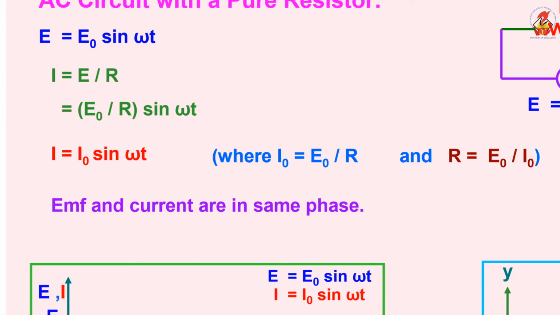So what is E0 by R? It is I0. So finally you get I is equal to I0 sine omega t.